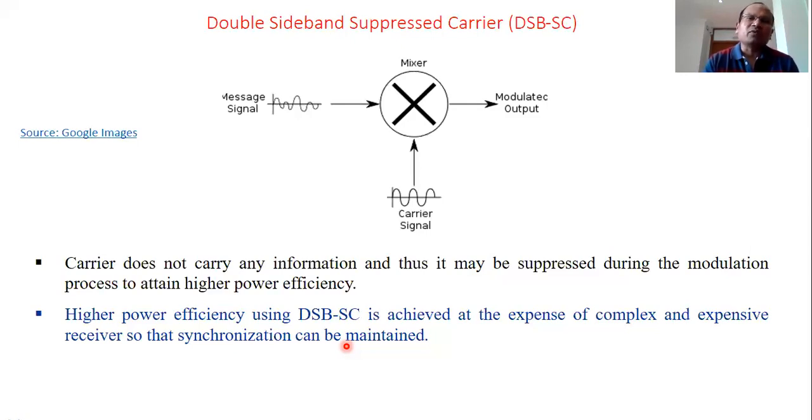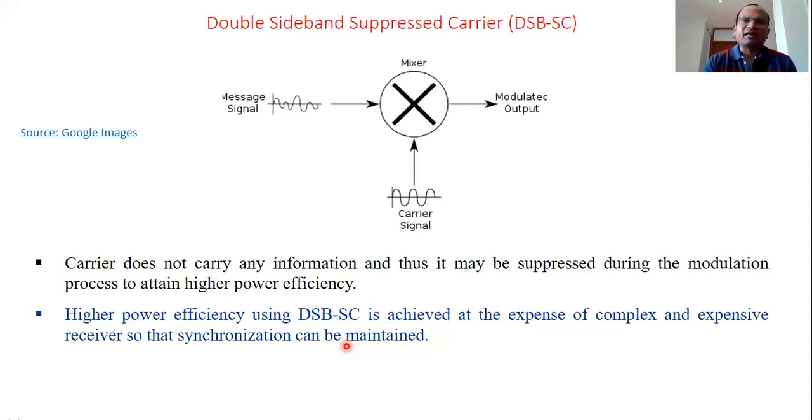So when we want to save power, because when the carrier is not sent, power saving will be there, this power saving will be obtained at the expense of some complexity. Why is the complexity arising? The complexity arises due to the synchronization circuit or synchronization arrangement which will be required at the receiver.